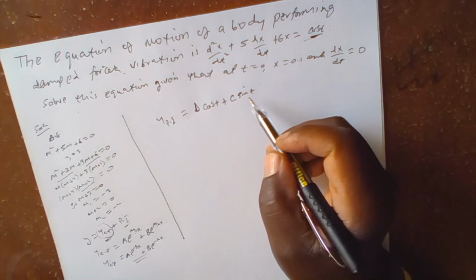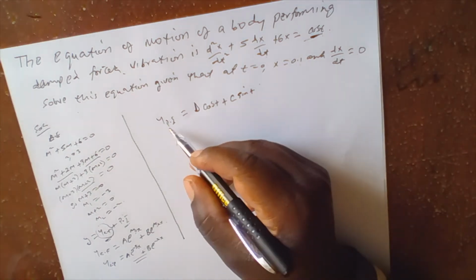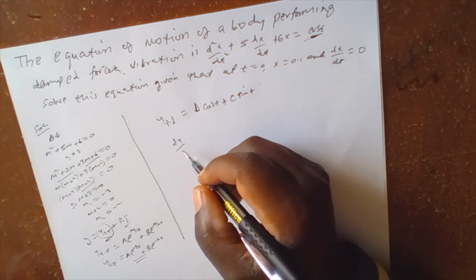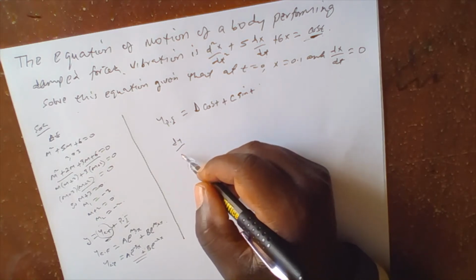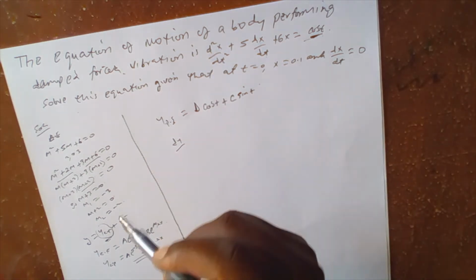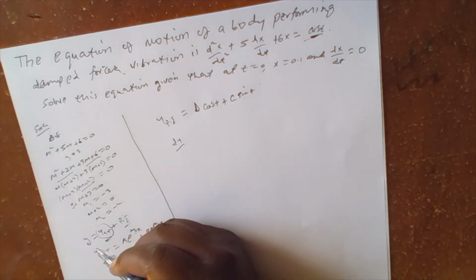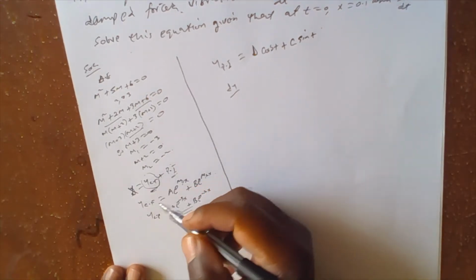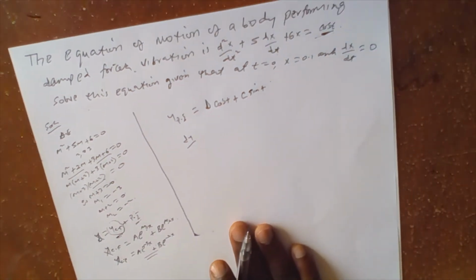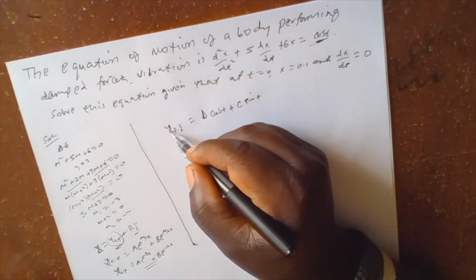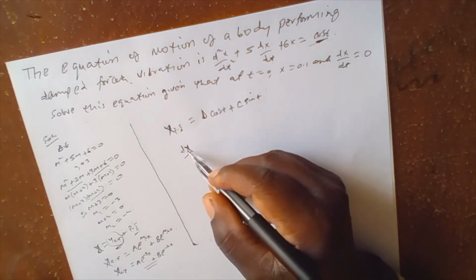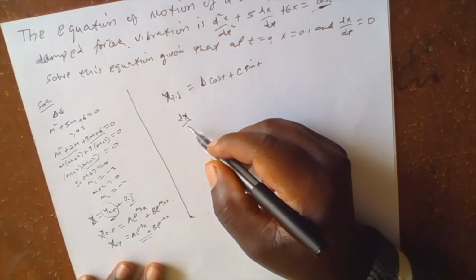Therefore, we differentiate this equation. But remember, our variable here is x, so we are using x. That is our variable from the equation.